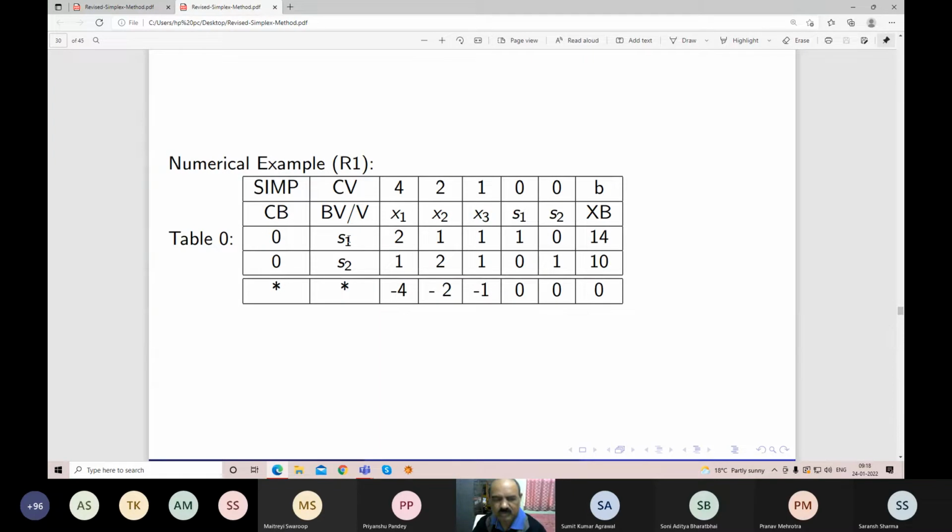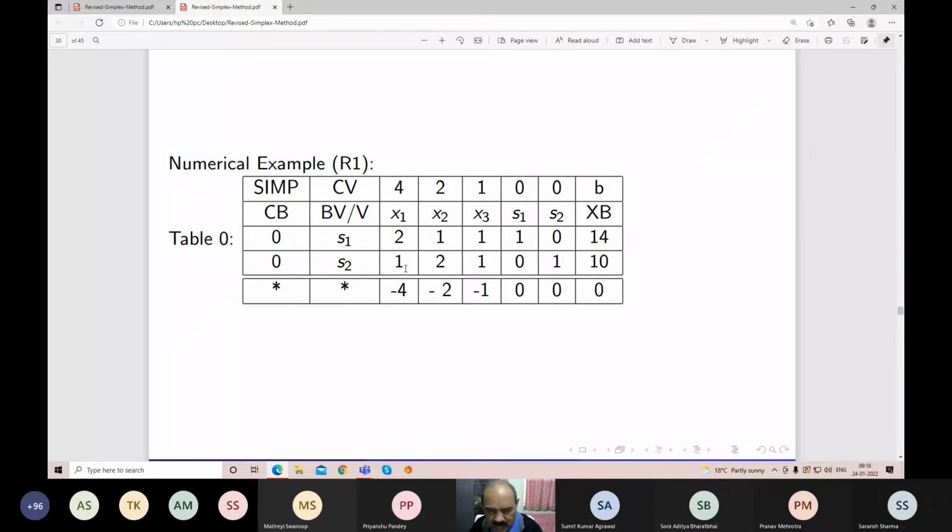With respect to x1, the column is 2, 1. The basis matrix has two columns, 1, 0 and 0, 1. S1 is the leaving variable, so one vector will move, the 1, 0. We replace this 1, 0 with 2, 1.